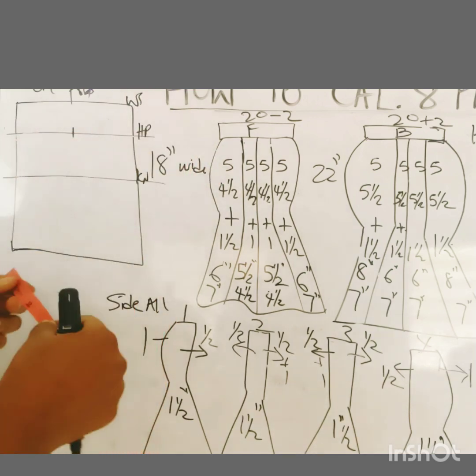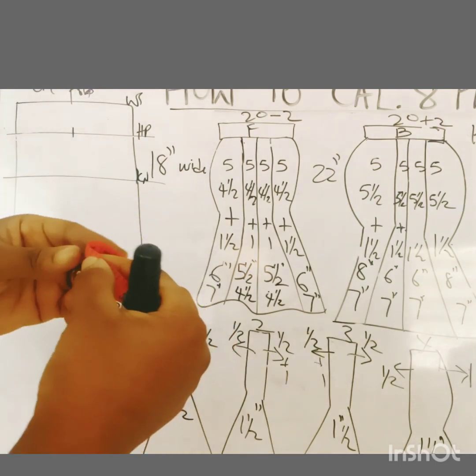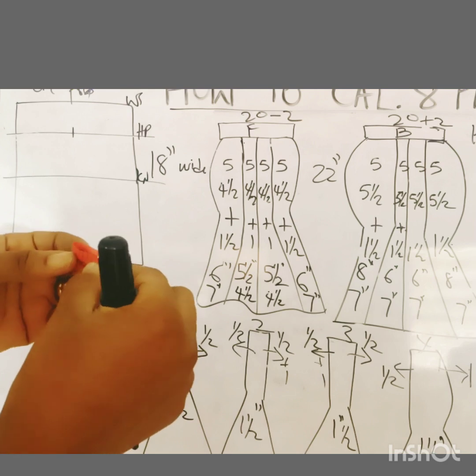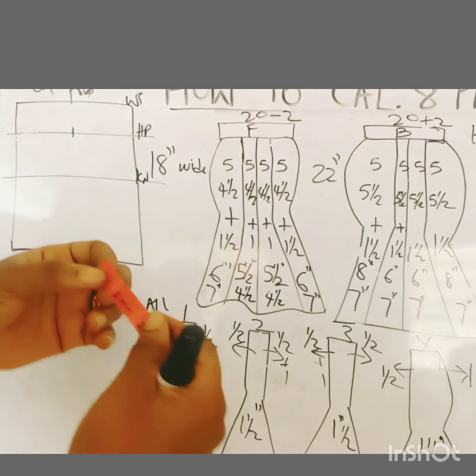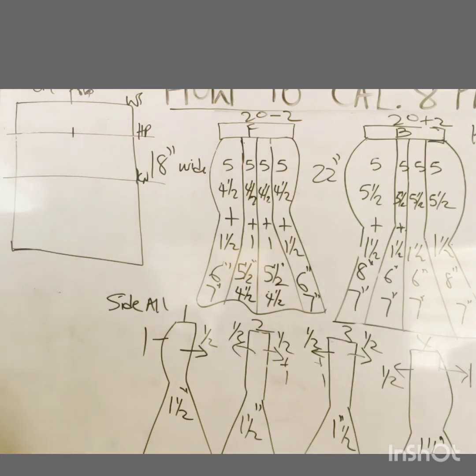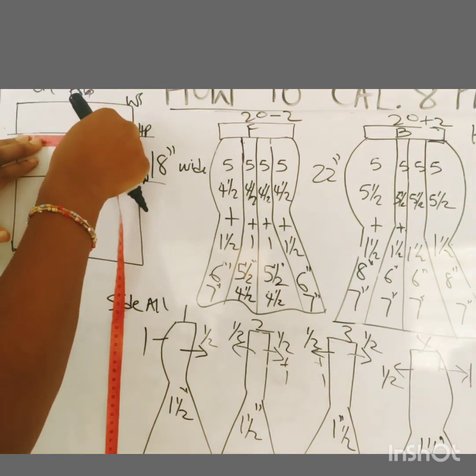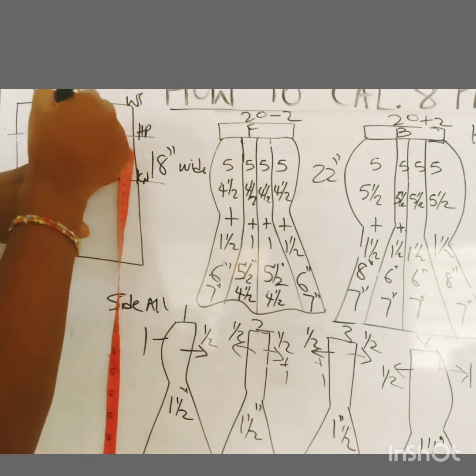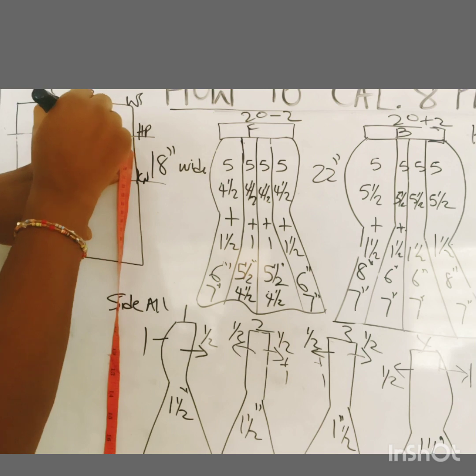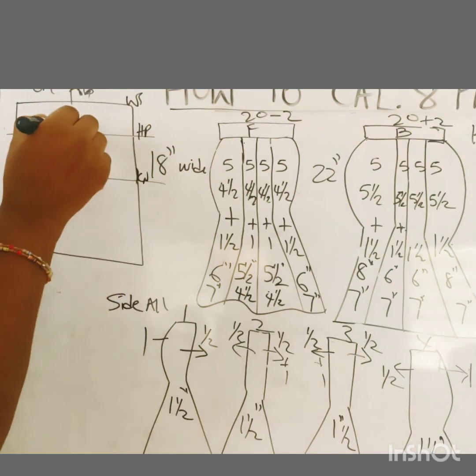And remember that we are working on fold, so 1.5 on fold will give us 0.75. So to be on the safe side, after marking what you have, you just add 1/2 inch or 0.75 or 1 inch. You add it to that.